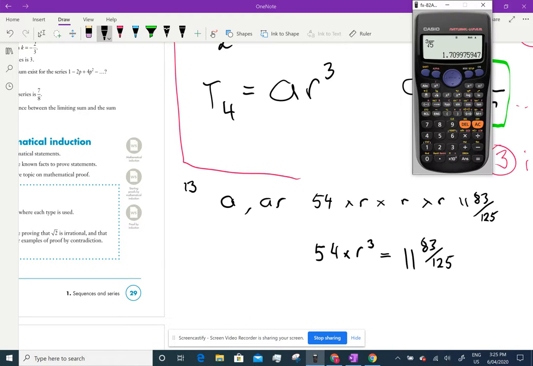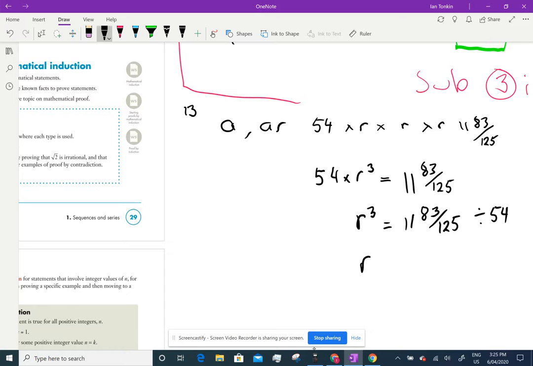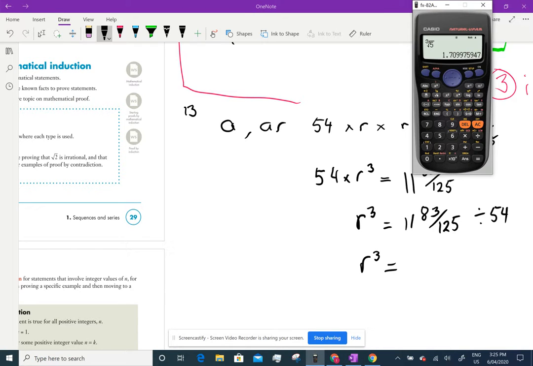So I'm going to pump my calculator up and go R cubed equals 11 and 83 on 125 divided by 54. I want that answer as an improper fraction because I'm going to cube root it and I know it's going to come out to a fraction. So 11 and 83 on 125 divided by 54.